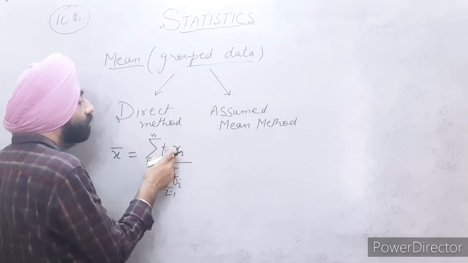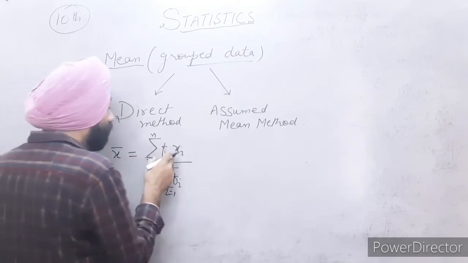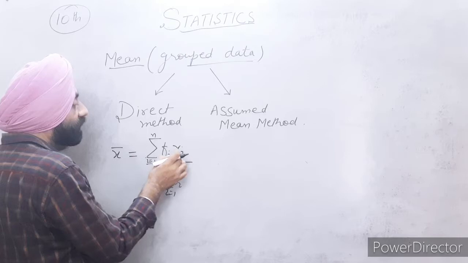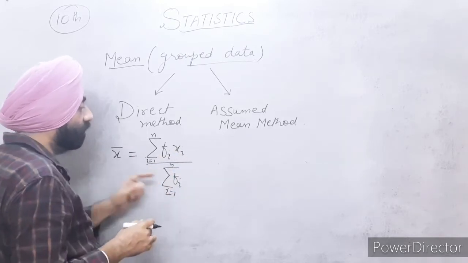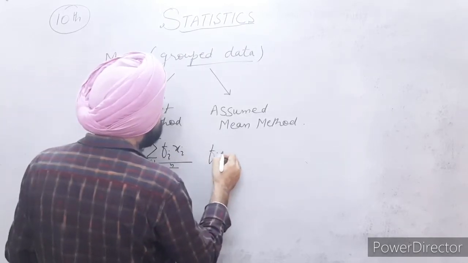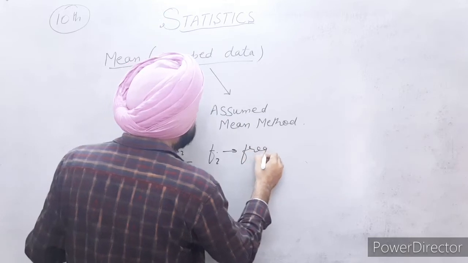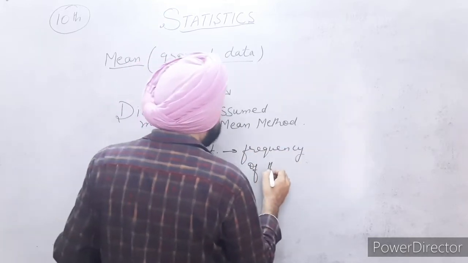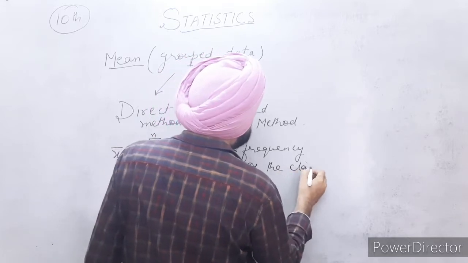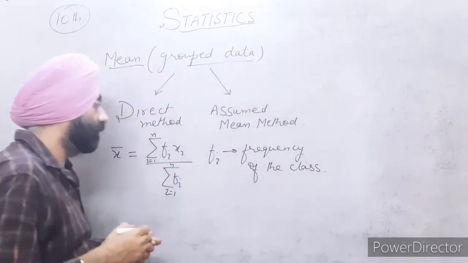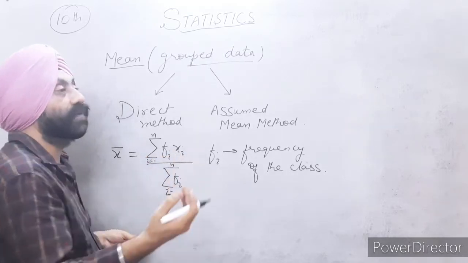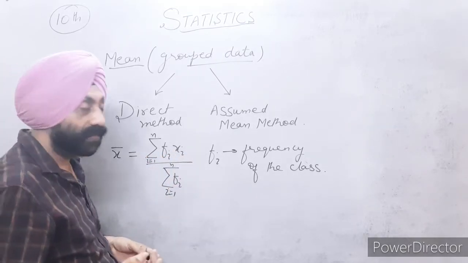Multiply fi with the mid value and sum up those values to get summation of fi xi, where fi is the frequency of the class and xi is the mid value.